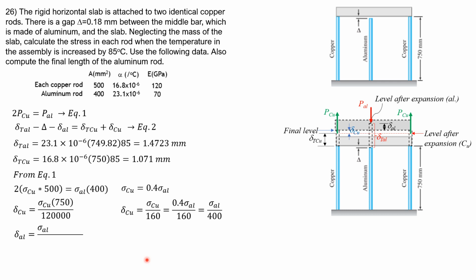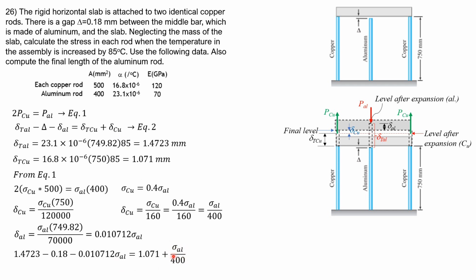The deflection due to stress in aluminum is equal to stress in aluminum times original length of aluminum divided by E, which is 70,000, so 0.010712 stress of aluminum. Substitute here: 1.4723 minus gap 0.18 minus delta of aluminum, 0.010712 of stress of aluminum, equals thermal expansion of copper 1.071 plus deflection due to stress in copper, stress in aluminum over 400.